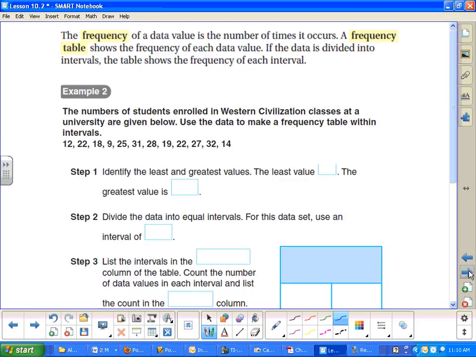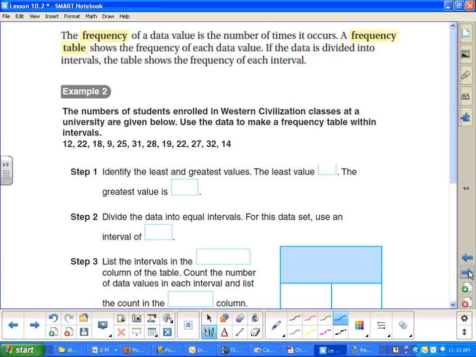We can also make frequency tables. For the frequency table, I have a little more detail here that we'll write down. The frequency of a data value is the number of times it occurs. A frequency table shows the frequency of each data value. If the data is divided into intervals, the table shows the frequency of each interval.